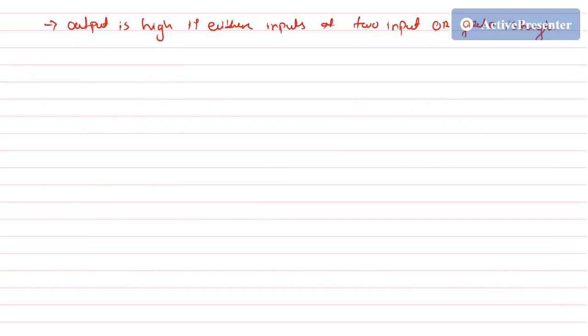The next point for the OR gate: these are some of the observations from the truth table.